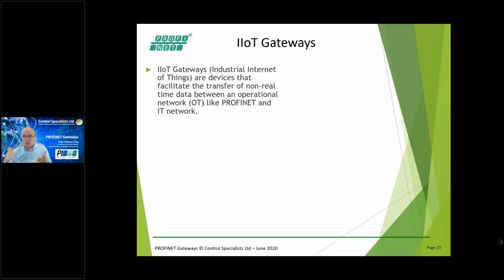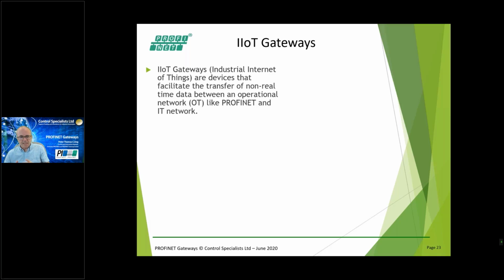It may allow us to improve quality, predict maintenance issues, etc., etc. But this data is very, very rarely the IO data between the IO controller and the gateways. It's other data.